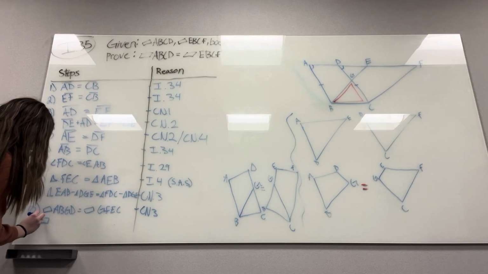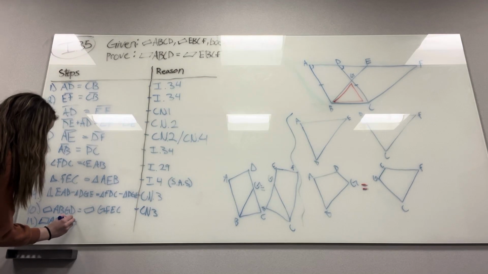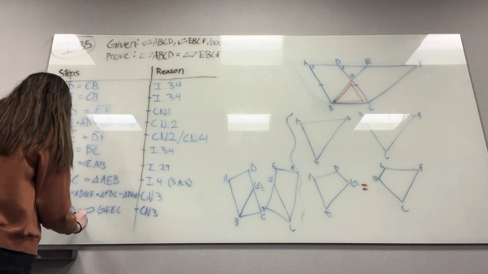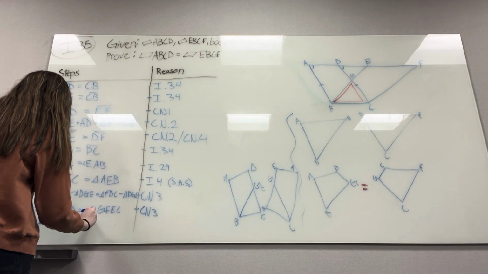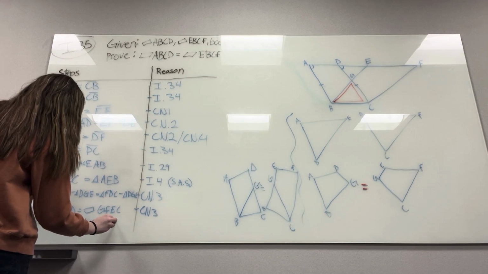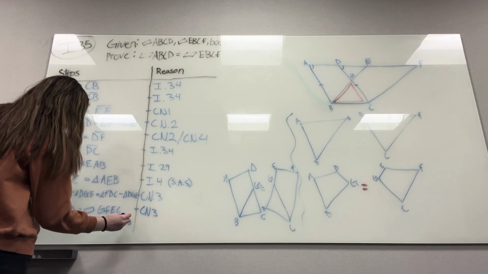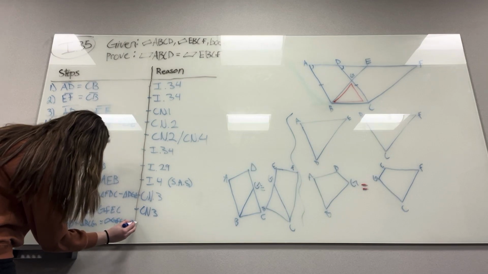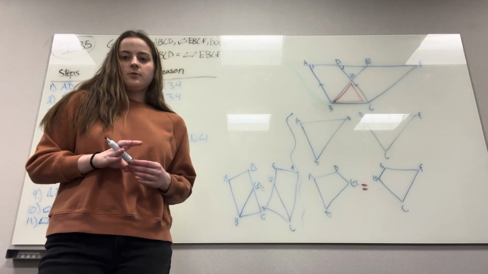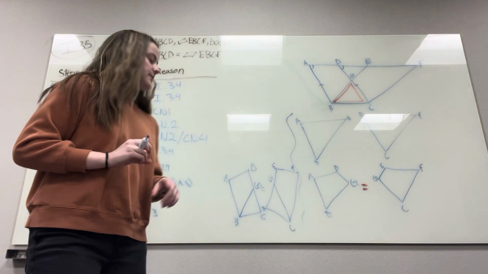So ABGD plus our BGC equals GFBC plus BG. And this is because of common notion 2, which equals added to equals will also be equal. So in this case, we added GBC.